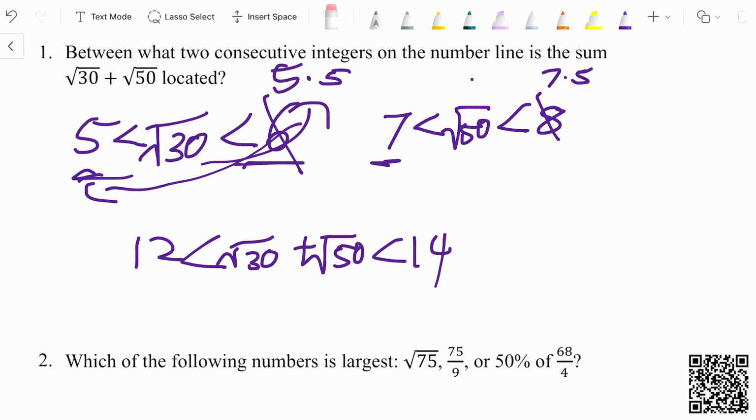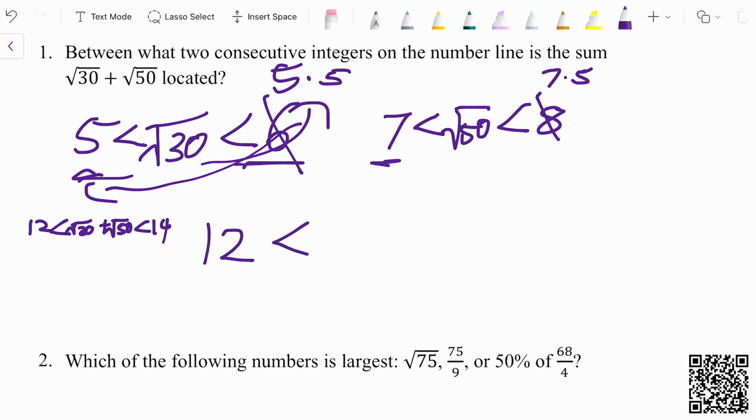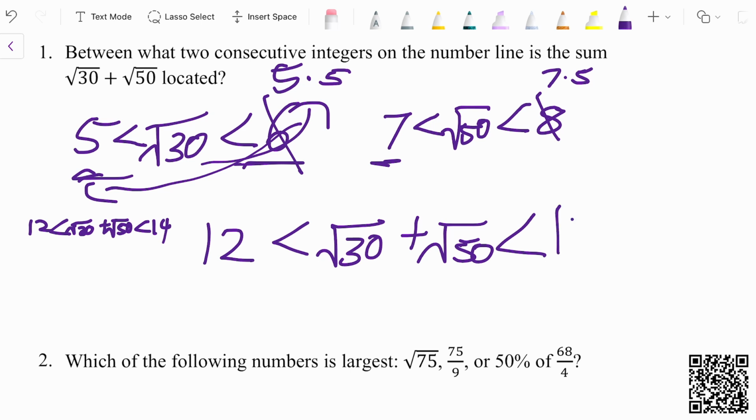Using this idea, we now know that our number is greater than 12, because 5 plus 7 is 12, but is still less than 5.5 plus 7.5, which is 13.